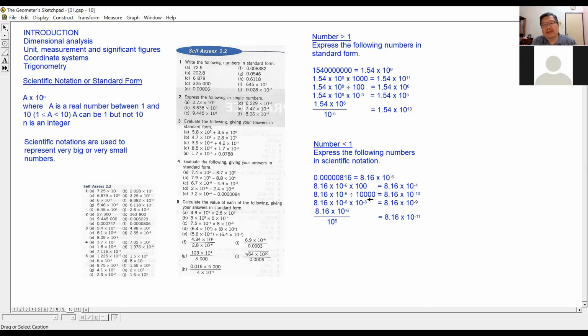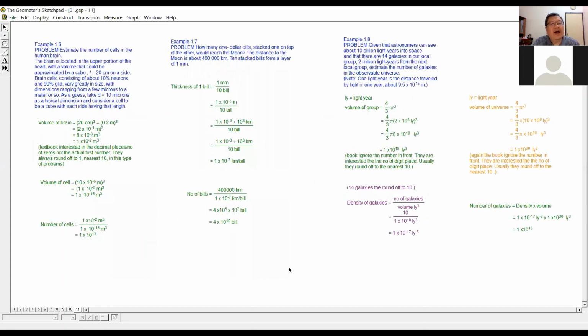Some numbers are very small, so you also have to express them in scientific notation. Today we are going to look at some practical examples of how to handle these very big or very small numbers. The first problem, example 1.6.